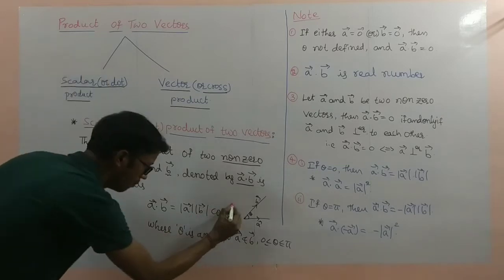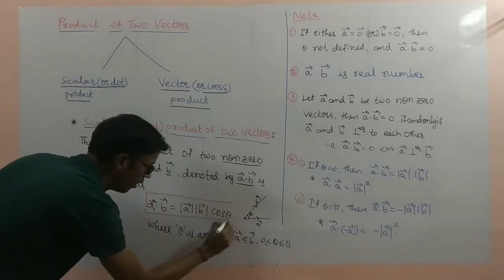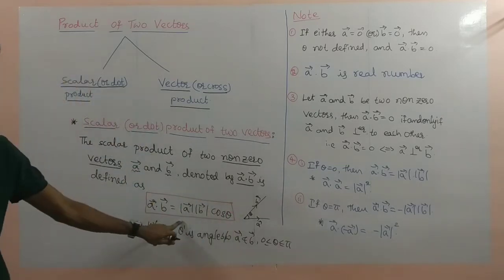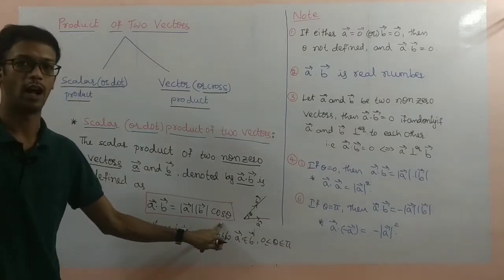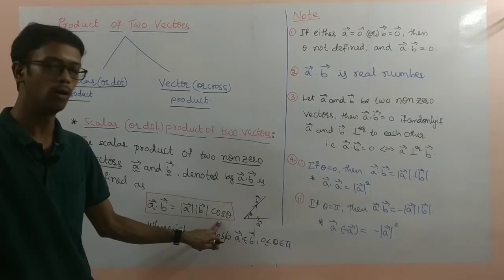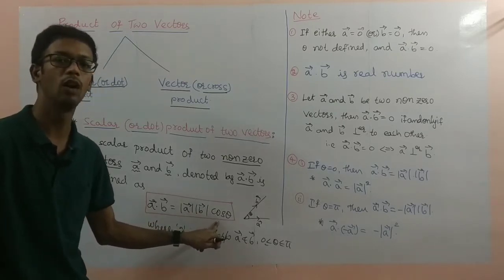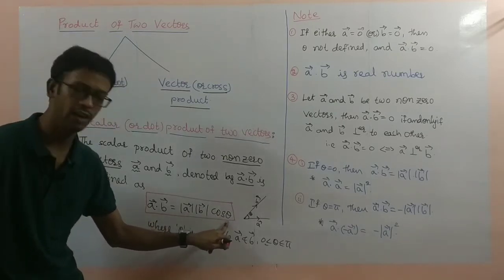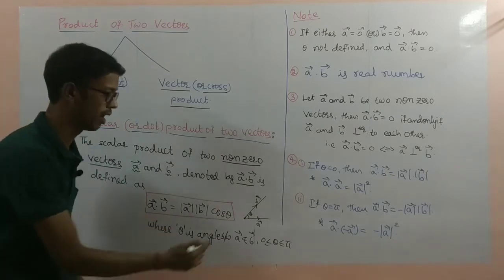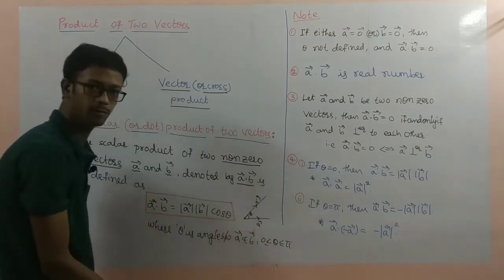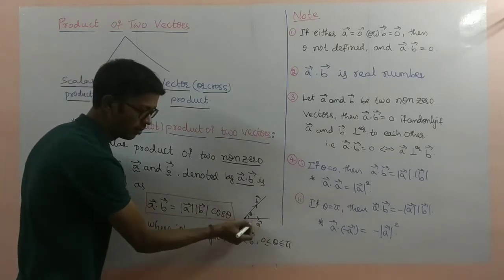A bar dot B bar is equal to magnitude of A bar into magnitude of B bar into cos theta. What is theta here? Theta is the angle between the two vectors A bar and B bar.